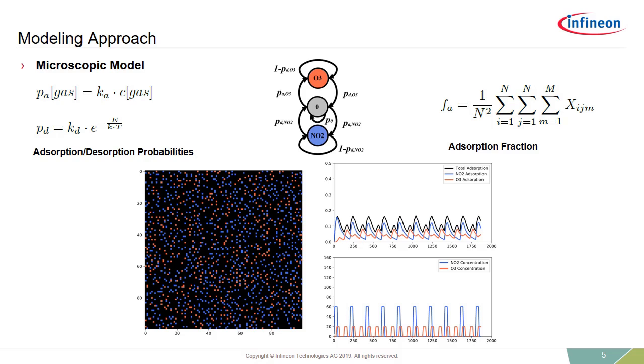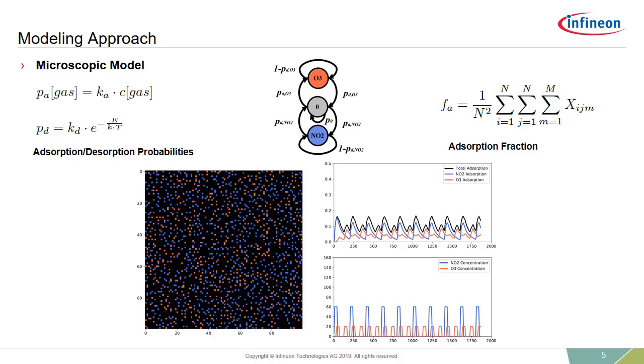The probabilities are described by the equations on the left, where the adsorption is dependent on the gas concentrations as well as the adsorption rate. The desorption process depends on the desorption rate, the temperature, since we also simulate heat pulsing, and the energy of the binding site.